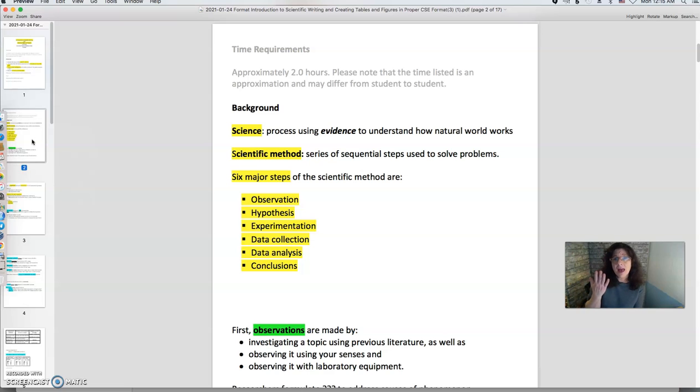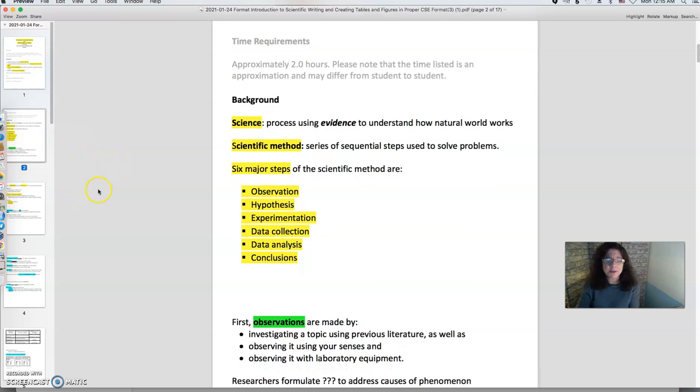Fifth, the data is analyzed, very different part in very different section. First you collect the data, and then later you analyze it. We'll talk about that. And finally, there are conclusions that are drawn on the basis of the analysis of the data. Let's go through each step one by one.